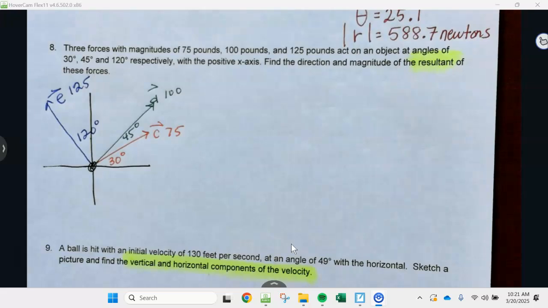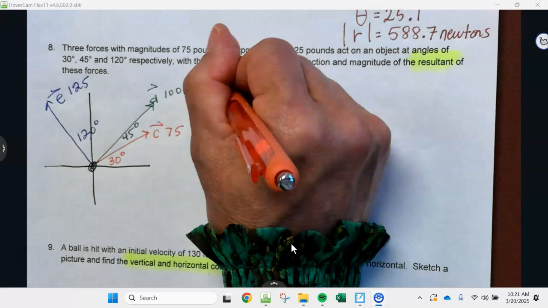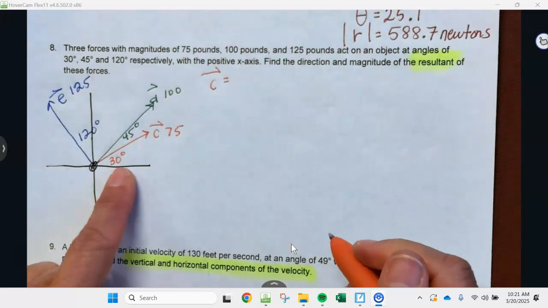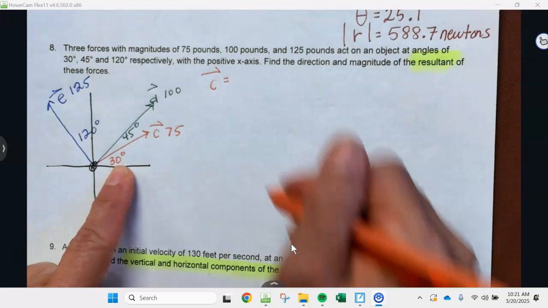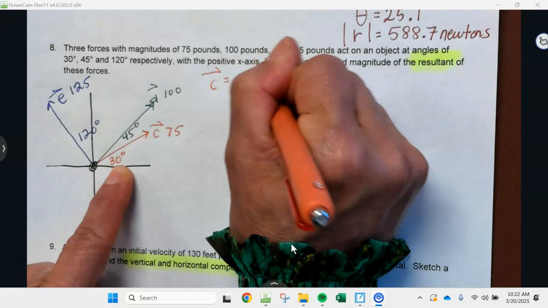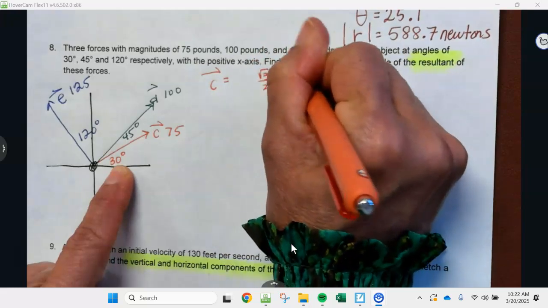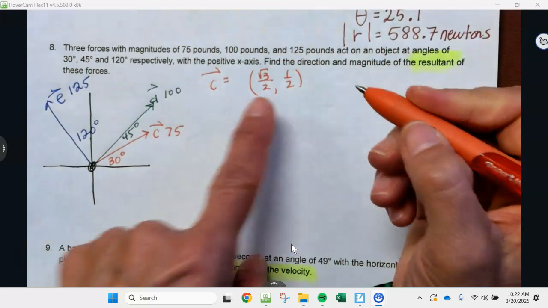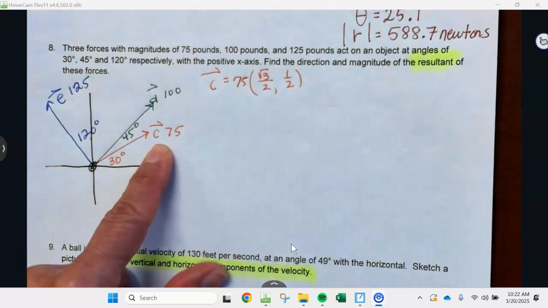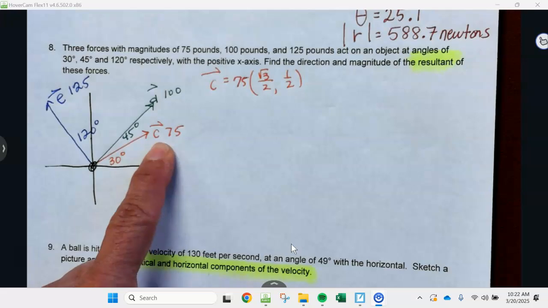I'm going to start consolidating my steps a little bit. Here's what I'm going to do. I'm going to write vector C right here. And the ordered pair, remember, for 30 degrees is going to be root 3 over 2 and 1/2. So I'm just going to go ahead and write the ordered pairs there and remind myself that I am distributing a 75.